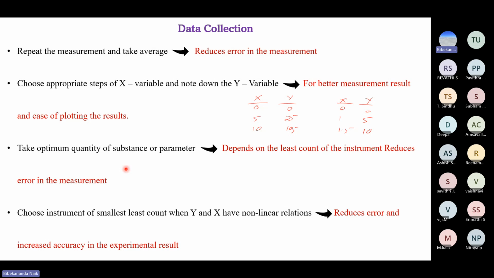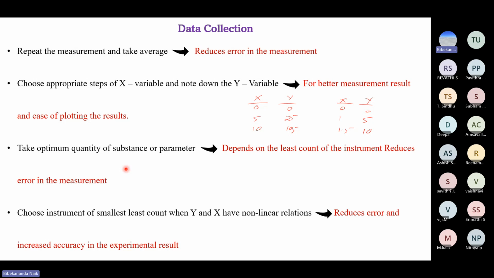The weight will not be so significant. So in order to get the accurate result, we should take optimum quantity. For example, if we are taking 50 ml or 75 ml, then the mass of 75 ml of water will definitely be much more. So using the weight measuring machine, we can effectively measure the amount of mass.